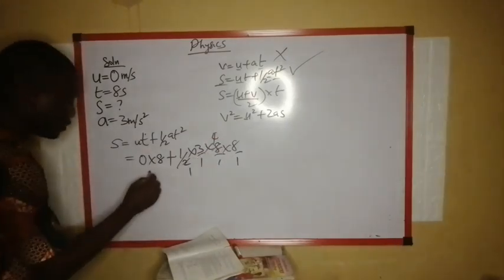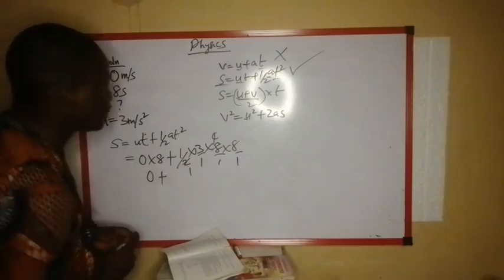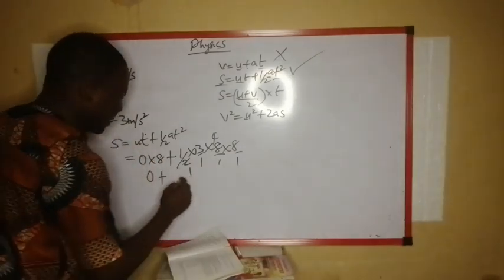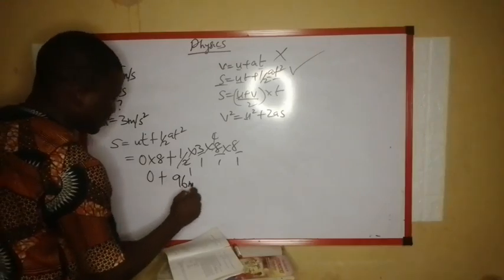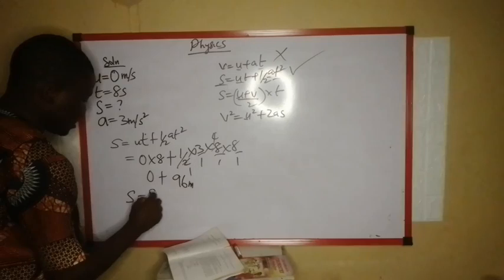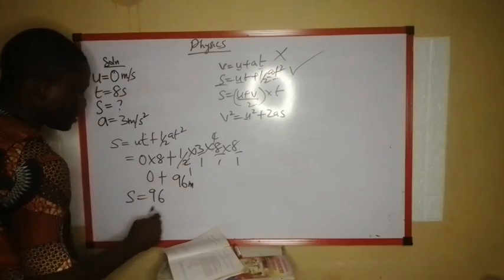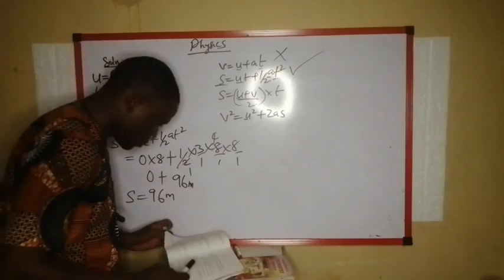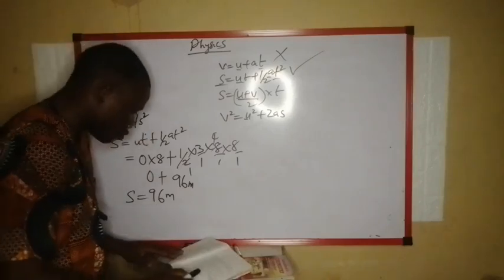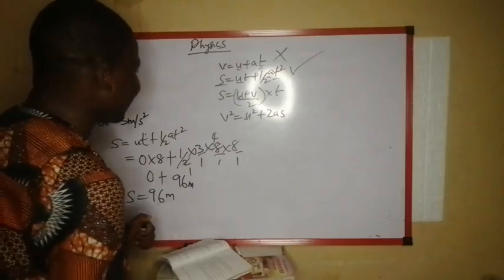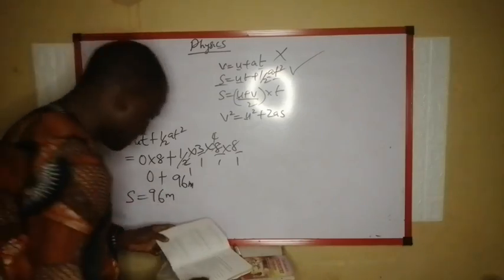So 0 times 8 is 0, plus 3 times 4, 12. 12 times 8 will give us 96 meters. So s is equal to 96 meters.